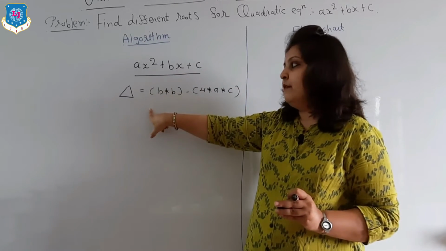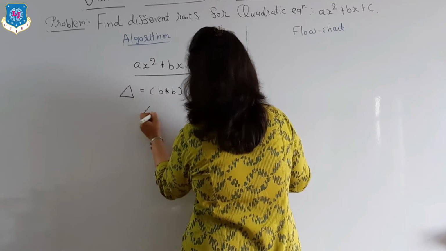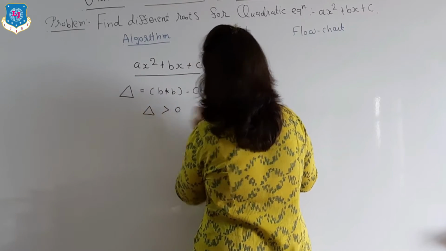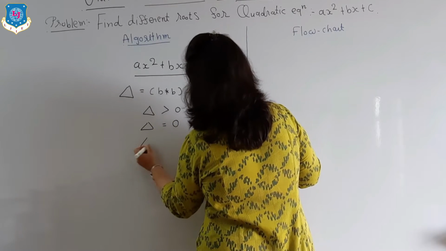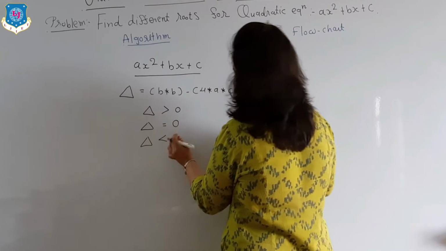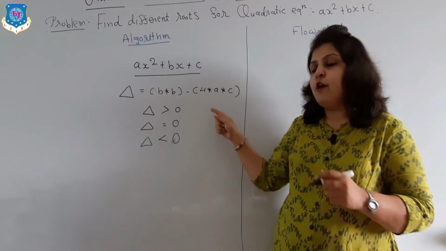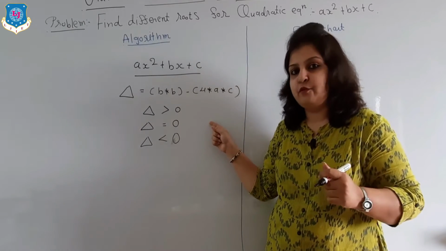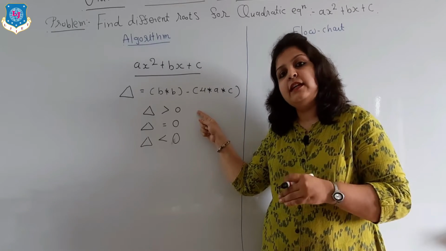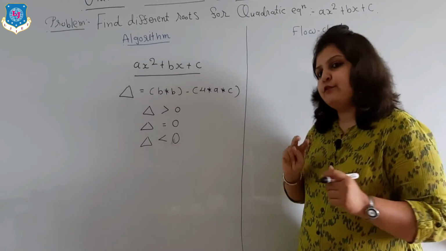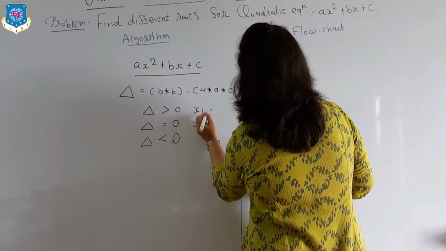Now for the value of delta we have three possibilities: delta greater than 0, delta equal to 0, and delta less than 0. According to the value of delta we have different roots. If delta is greater or equal to 0, we will get two roots, x1 and x2.